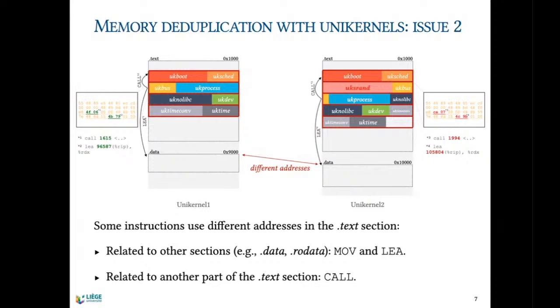The problem with this issue is that it will considerably impact memory sharing.